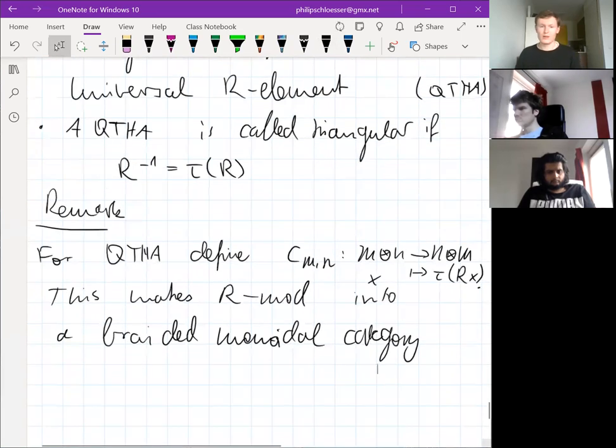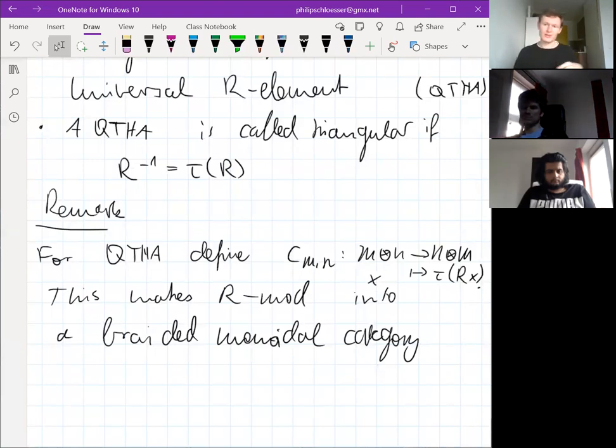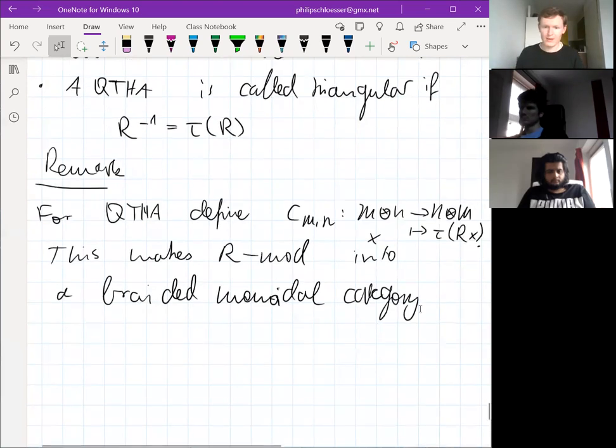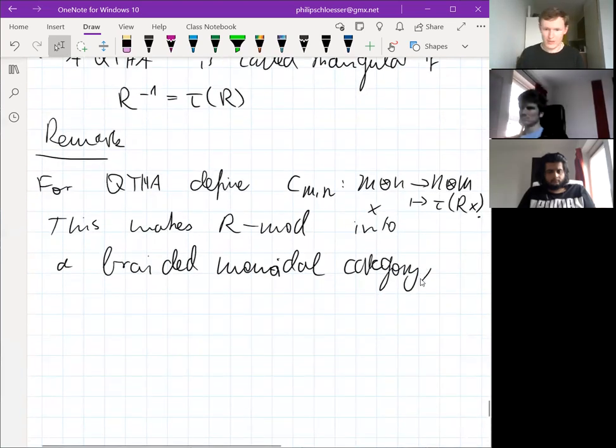Meaning that while the tensor product isn't necessarily commutative, we still have some non-trivial isomorphism between the two ways we could write a tensor product, but mapping one way and then mapping the other way doesn't necessarily give you the identity back. However, it does give you the identity back if H is triangular.